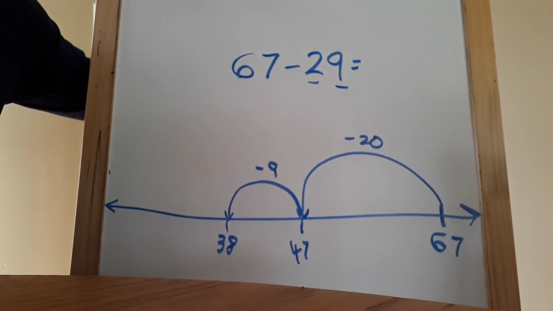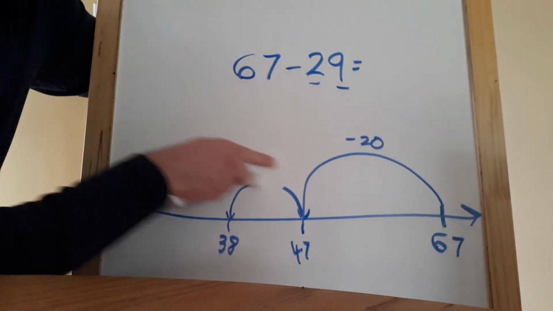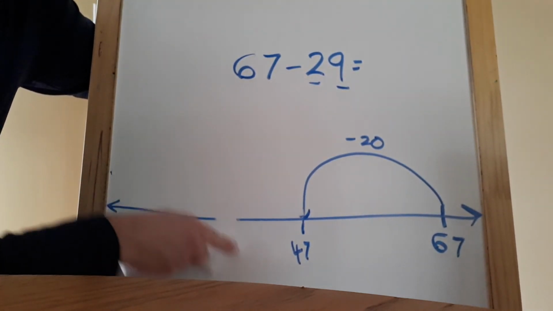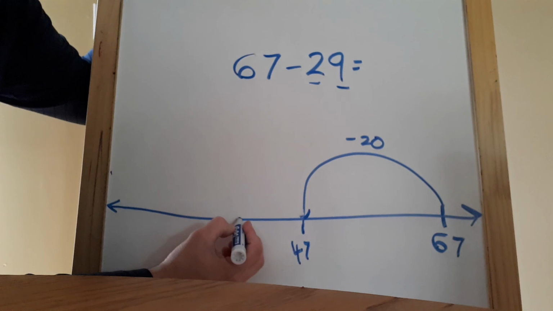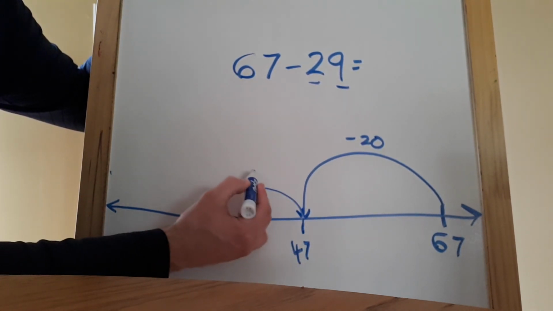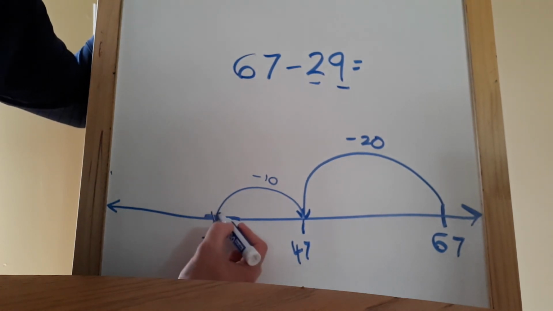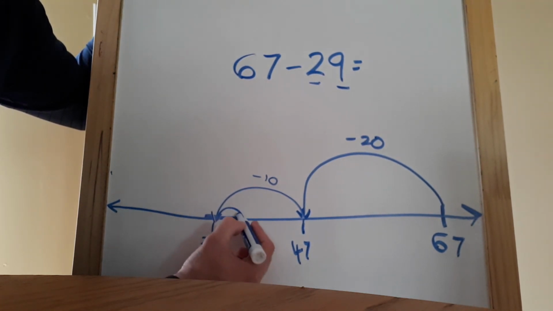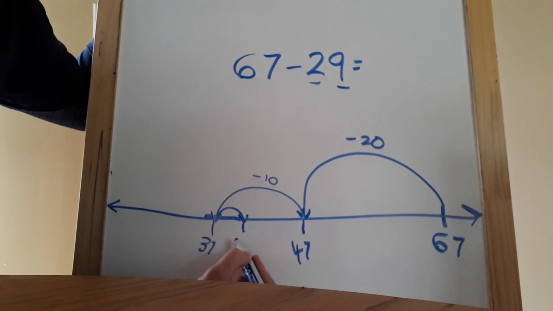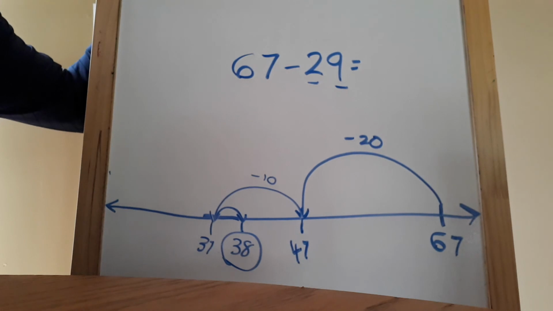Now I'm going to erase this jump that I just did to show you another way, to show you my thinking a little bit more clear. So I said 47 minus 10 takes me to 37, but 9 is 1 less, so I can actually jump back to 9 and say 38, and that's my answer.